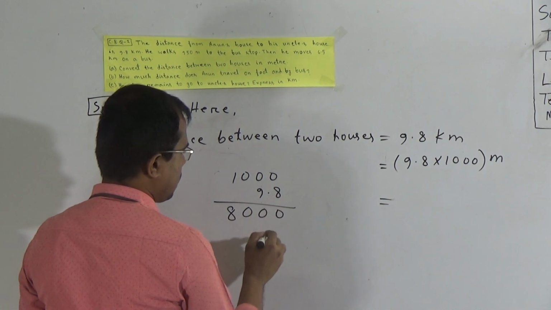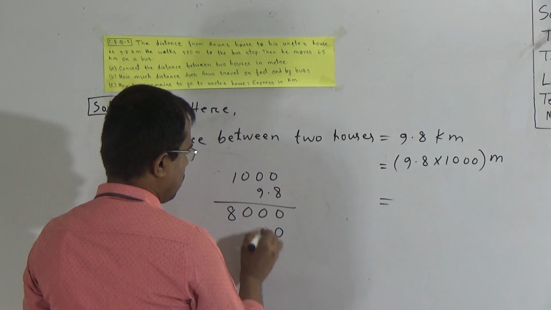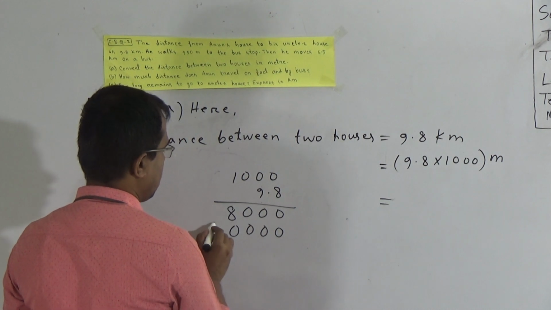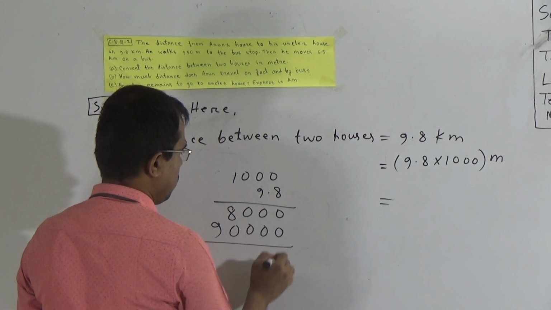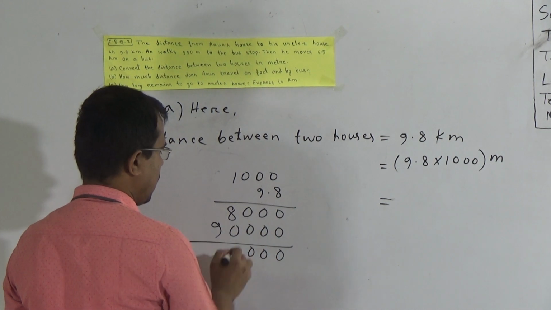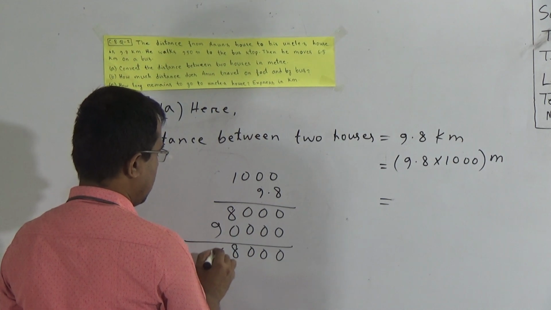Now in second step, in one place we have to give 0. Now 9 zeros are 0, 9 zeros are 0, again 9 zeros are 0, and 9 ones are 9. Now we have to add: 0 plus 0 equal to 0, again 0 plus 0 equal to 0, 0 plus 0 equal to 0, and 8 plus 0 equal to 8 and 9.